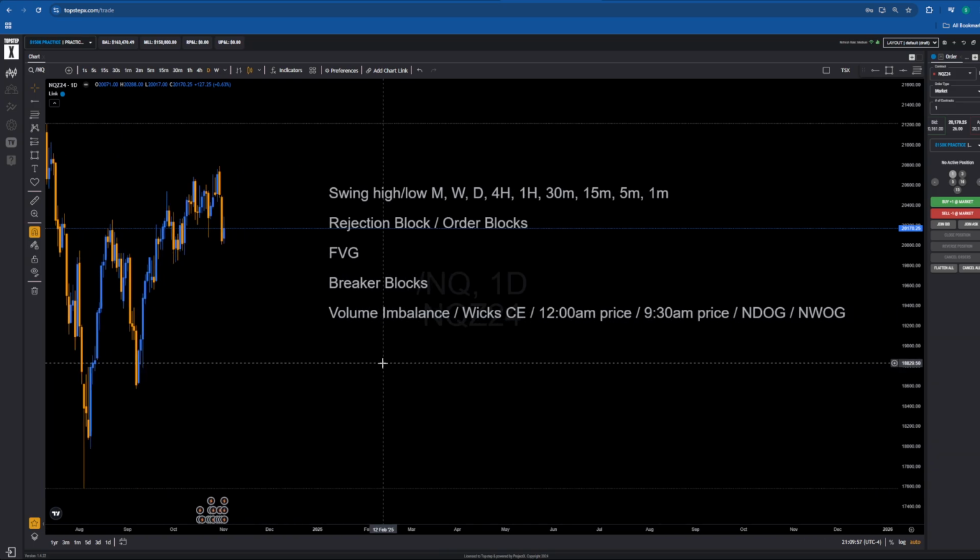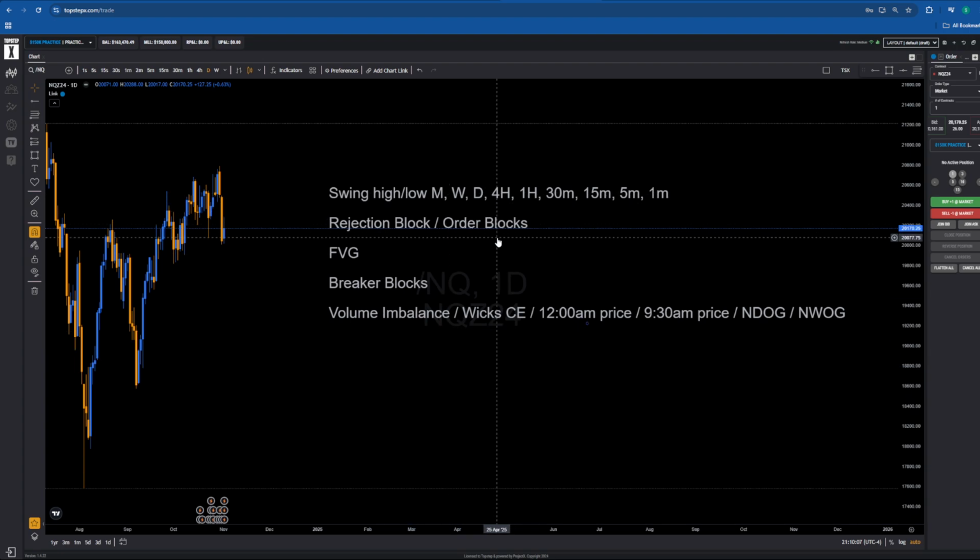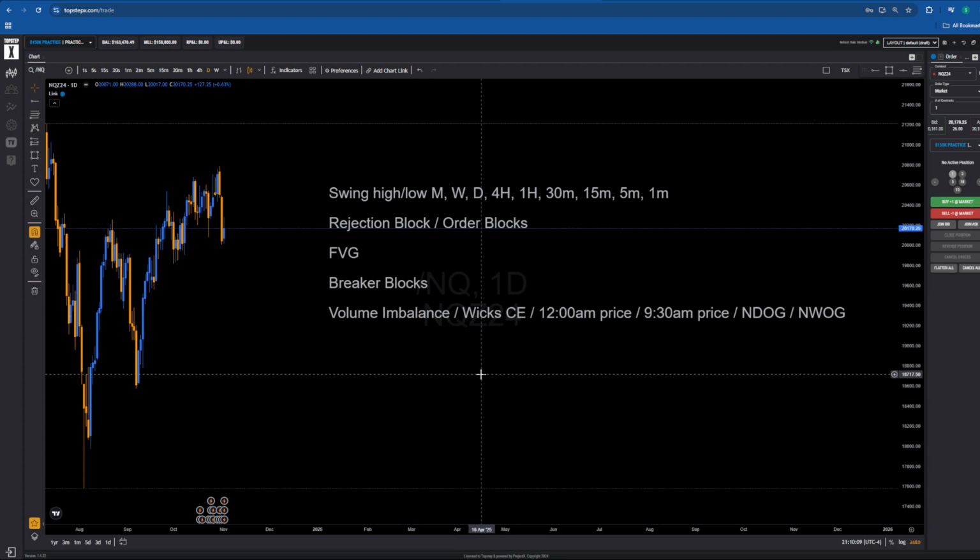So again, at the end of the day, risk management is all it boils down to. All these can fail. I have taken entries time and again based on fair value gaps and breaker blocks, but sometimes they fail and you tend to take a loss.